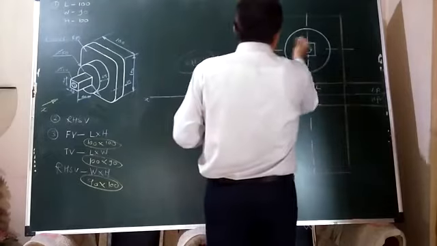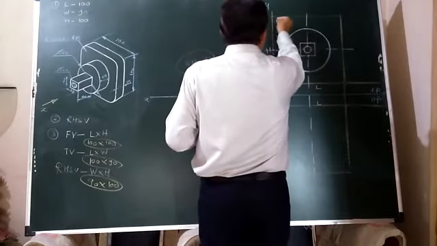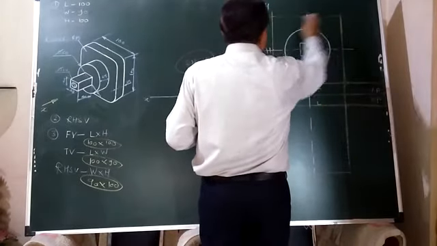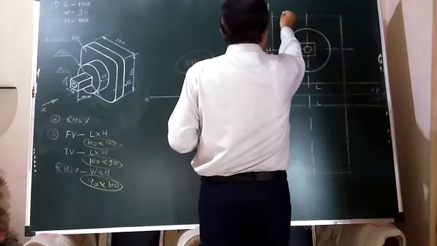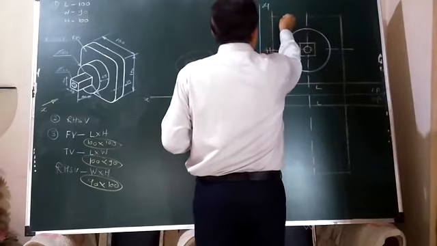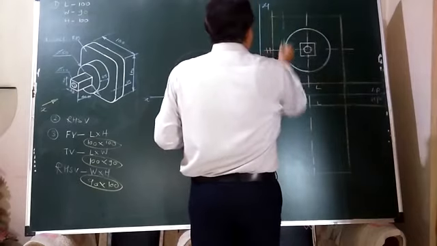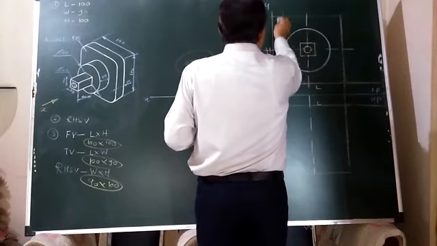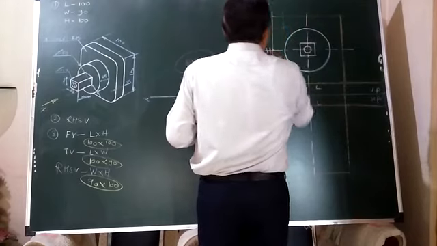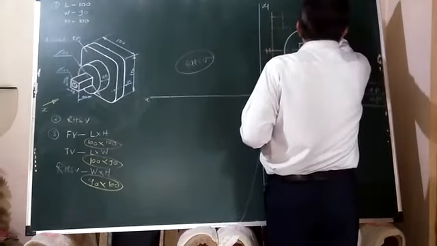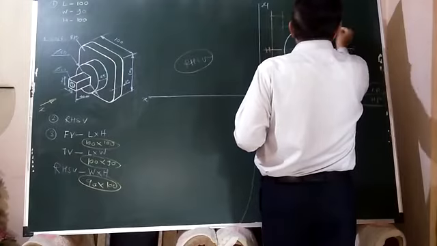So we first of all have to construct lines 15 mm departed, parallel, vertically as well as horizontally. This much is 20, so 15 will be this much, in this way. Similarly, horizontally also 15. The same procedure we carry out at all the four corners.